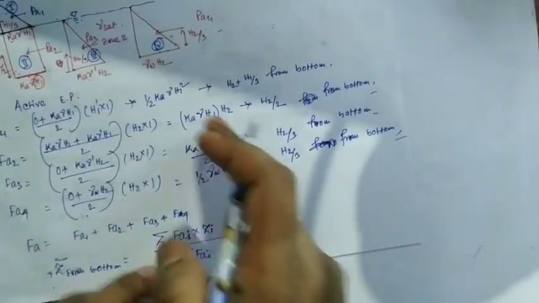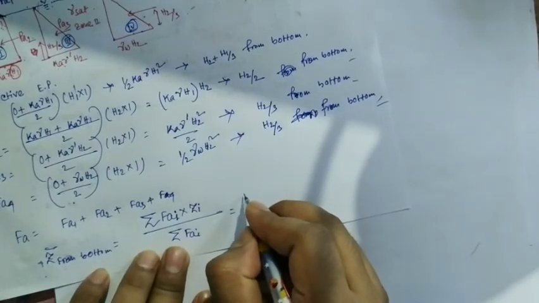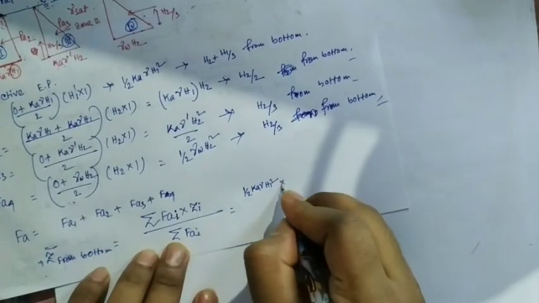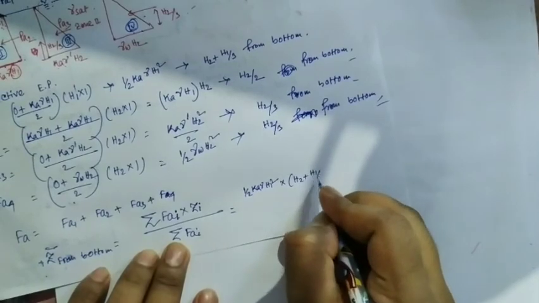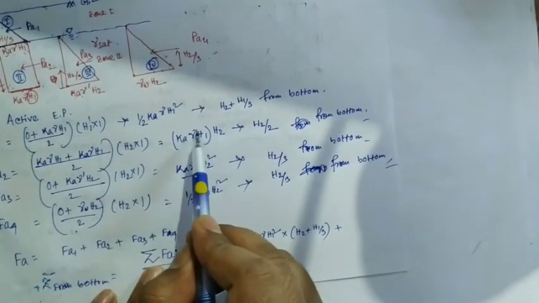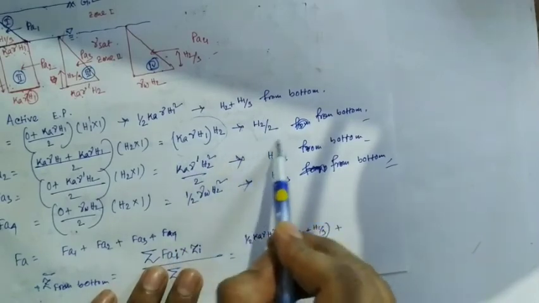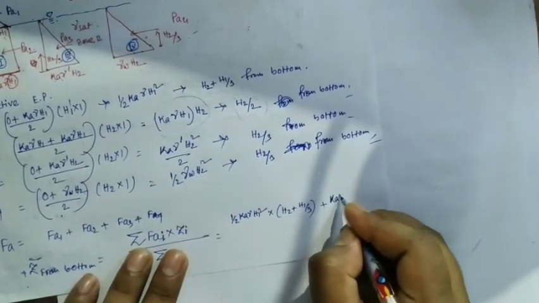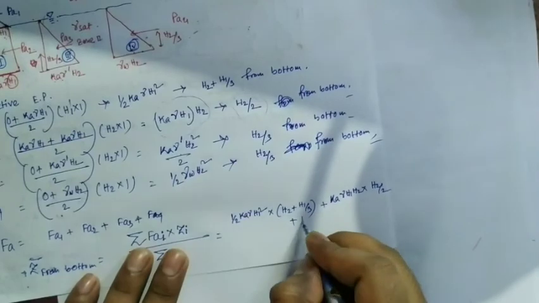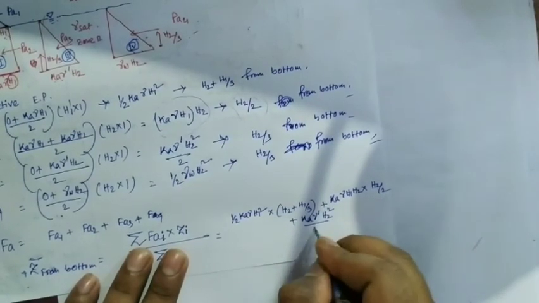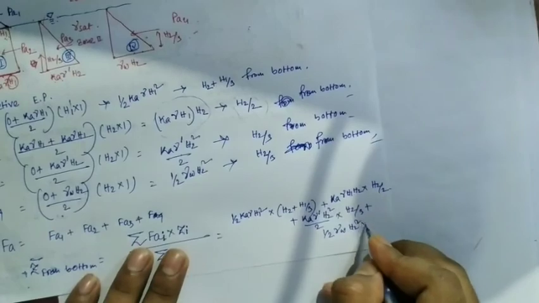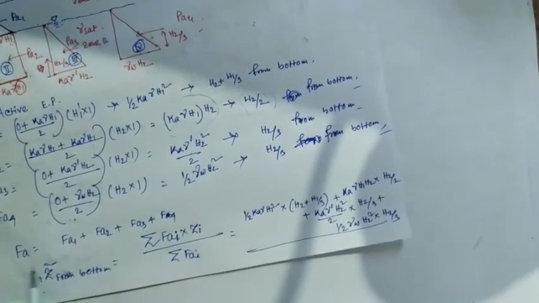In that case it will be something like half Ka gamma H1 square into H2 plus H1 by 3, plus for the second diagram we have to multiply thrust into height, so Ka gamma H1 H2 into H2 by 2, plus Ka gamma submerged H2 square by 2 into H2 by 3, plus half gamma W H2 square into H2 by 3, divided by the total summation, that means Fa.